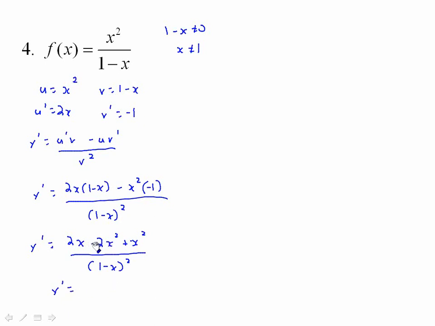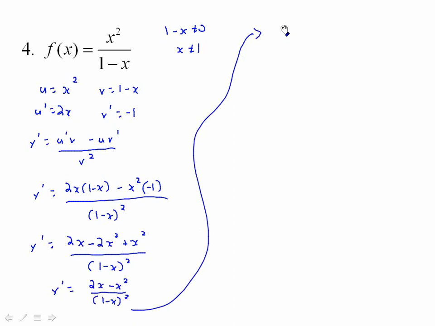This is a minus in between, so we get 2x − x² over (1 − x)². Taking it right to the top, f prime of x is equal to, factor out an x, x(2 − x) all over (1 − x)².